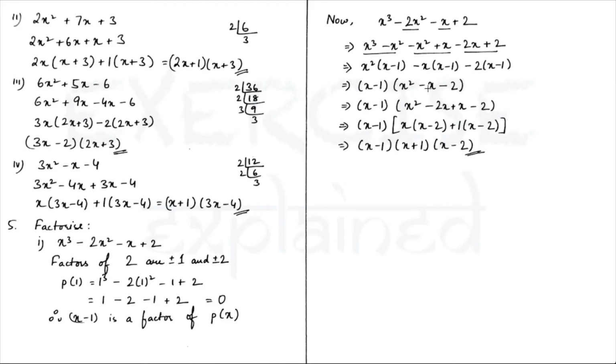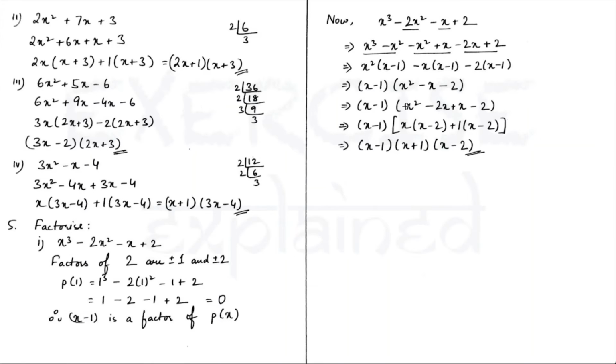Because I have here minus x, I have written it with a into c as minus 2. So I had to write two numbers which, if we add, we get minus 1, and if we multiply, we get minus 2. So I wrote it as minus 2x plus x.